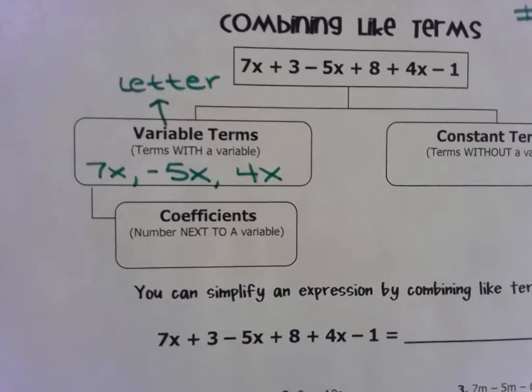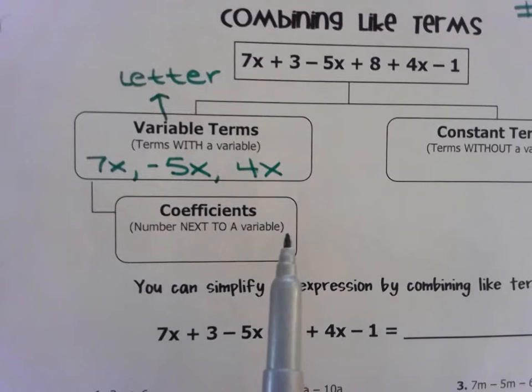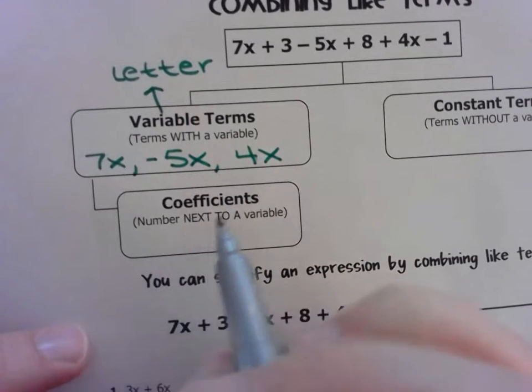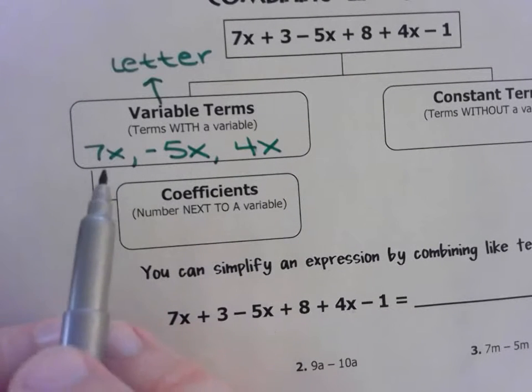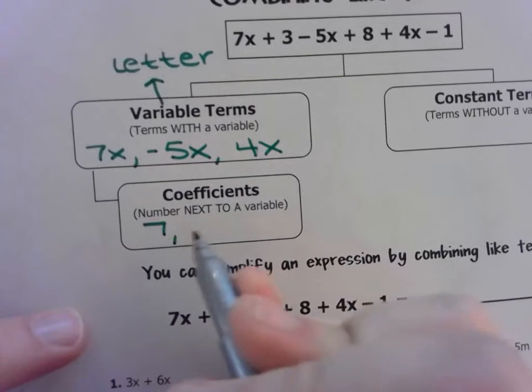Now, one step further. Coefficient is the number next to a variable. So what are my three coefficients from these variable terms? Numbers next to a variable. So what are the three numbers next to a variable? 7, what else?